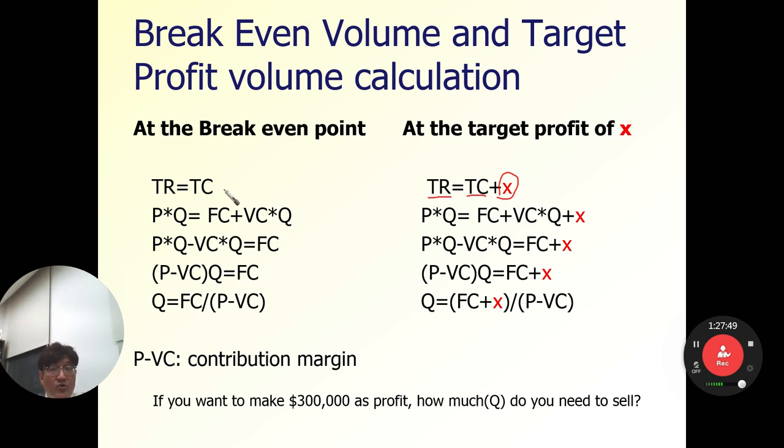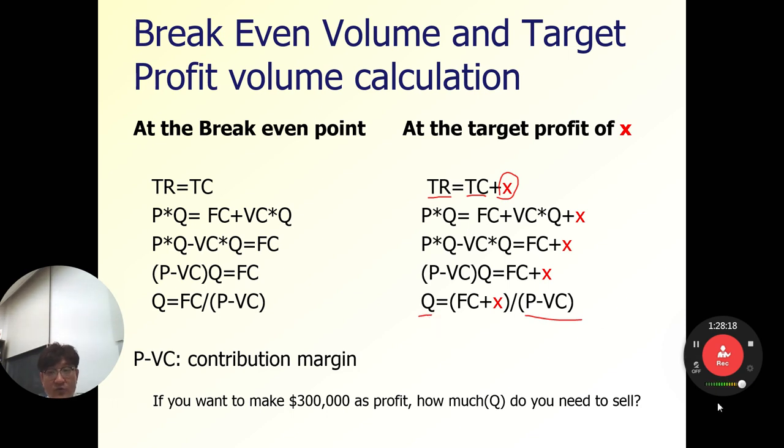Then all you need to do is add the target profit on the right-hand side. Then what is the target profit quantity? All you need to do is add that profit amount to the fixed cost in the numerator, divided by the same contribution margin. Then you will calculate the target profit quantity.